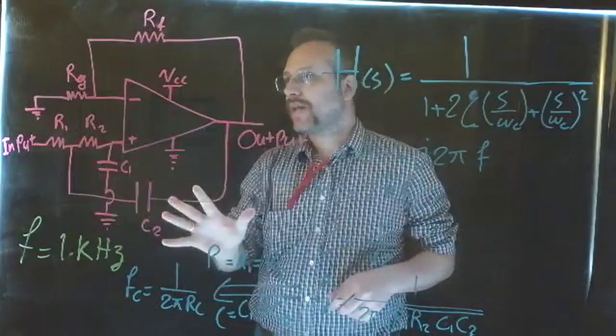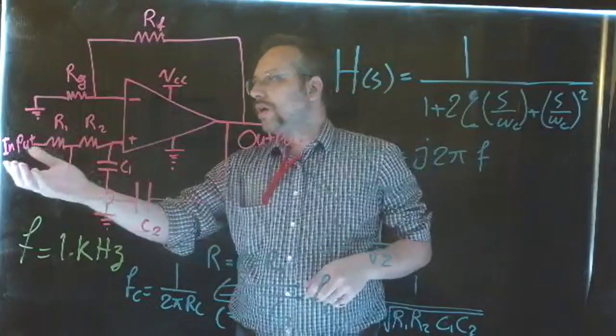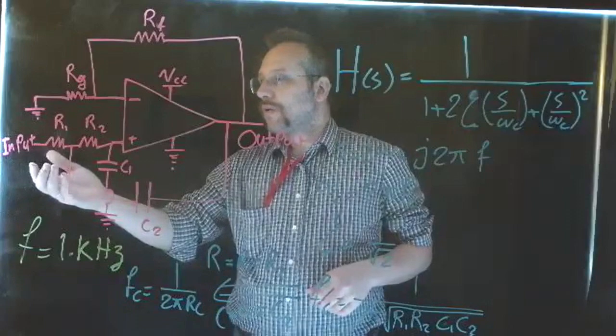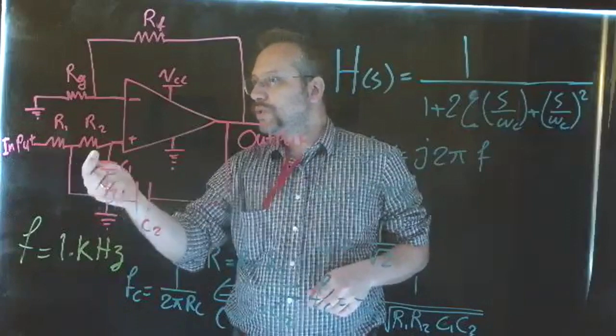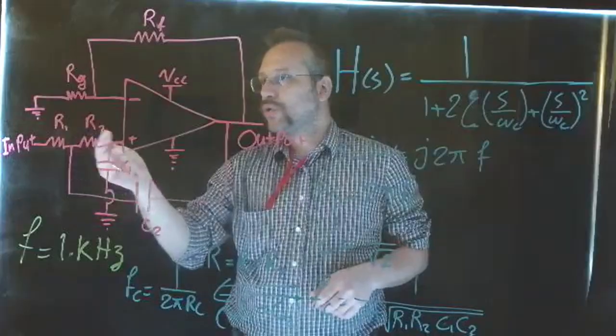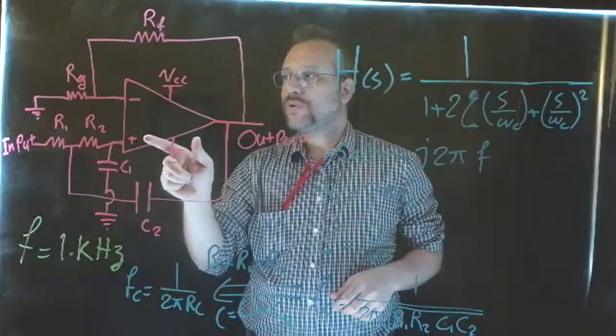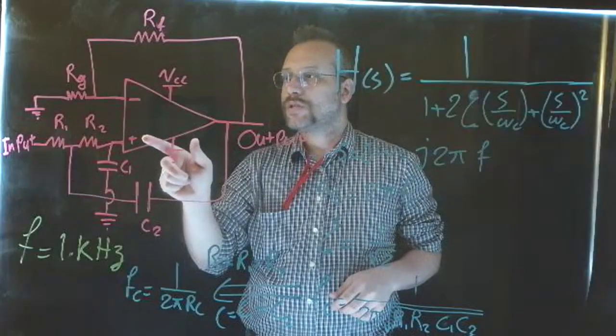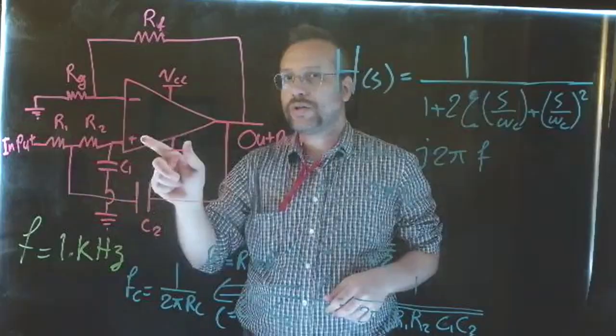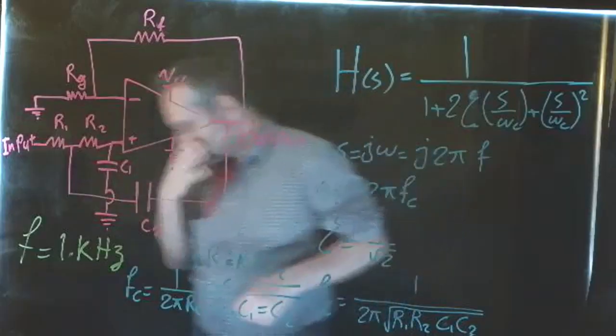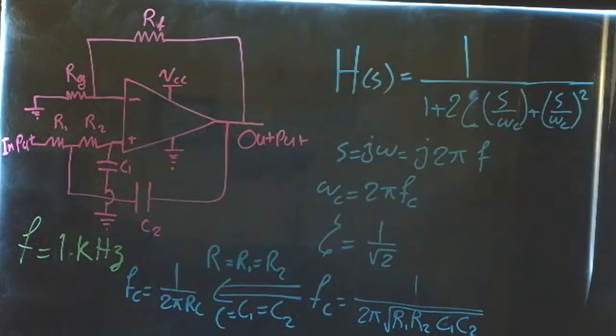So we have a schematic. We are going to inject the input through two resistors, R1 and R2, into the non-inverting input. So it's going to be connected to the non-inverting terminal.